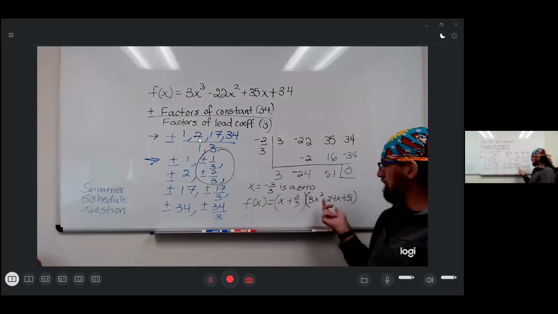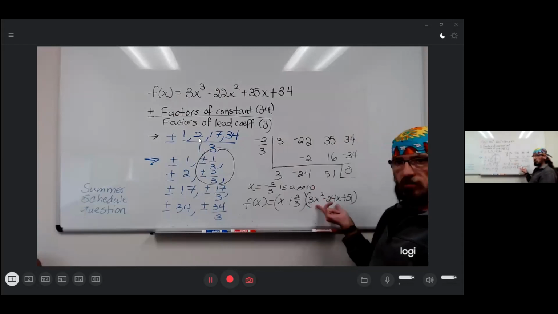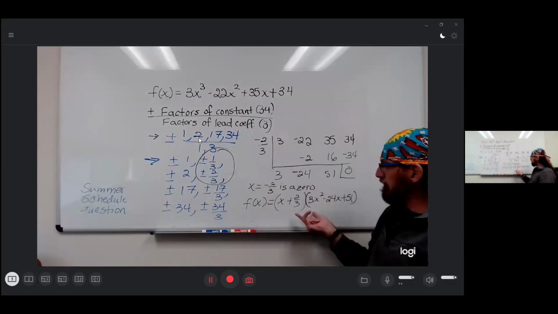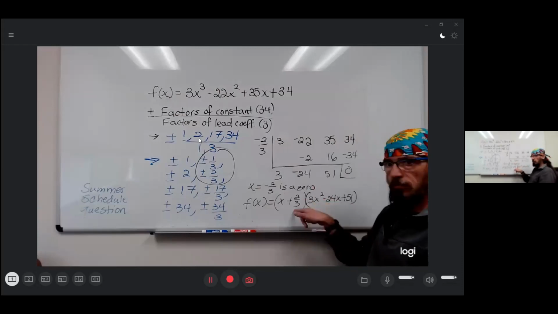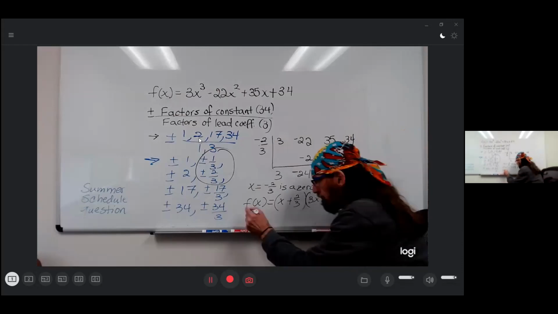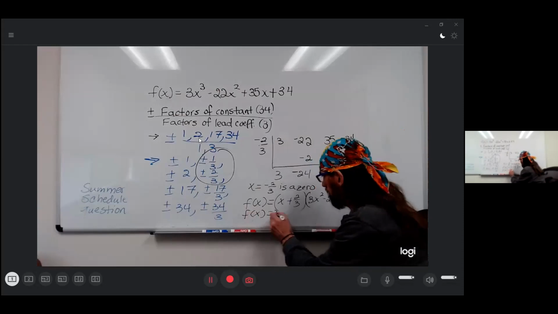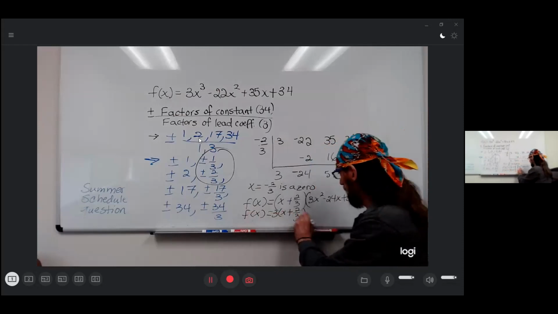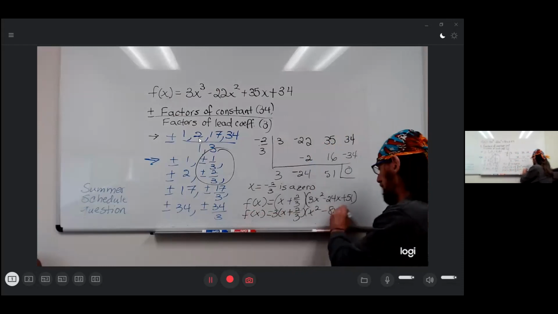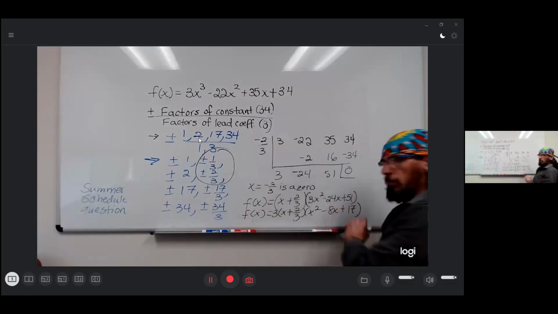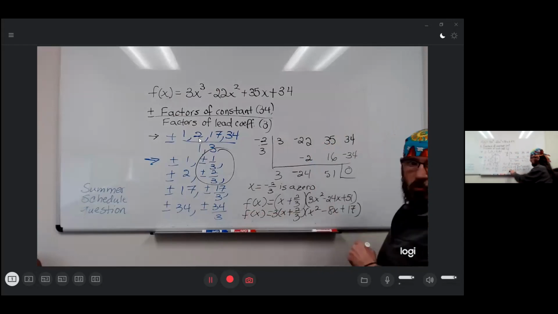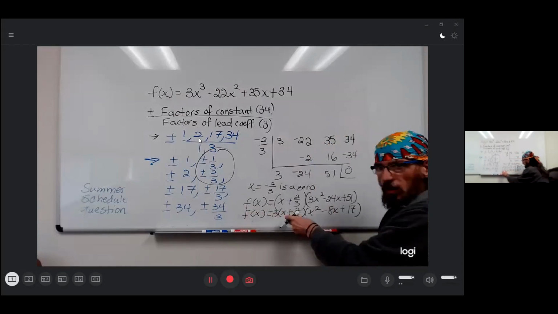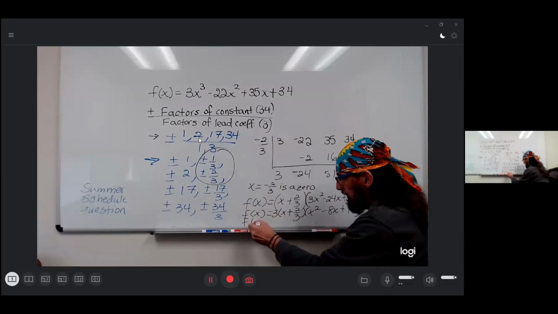I want you to further notice that all of these coefficients are multiples of 3. If I factor that 3 out, that would deal with this problem of a fraction. And that will let me, when I distribute, I'll see f of x equals 3x plus 2.